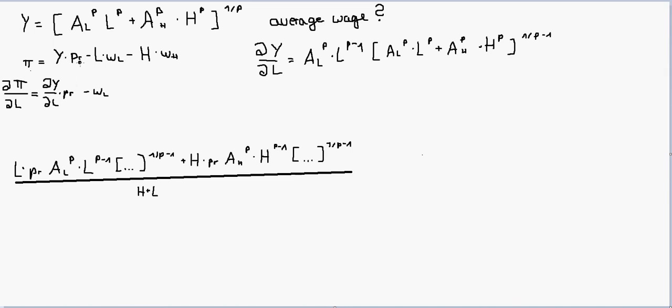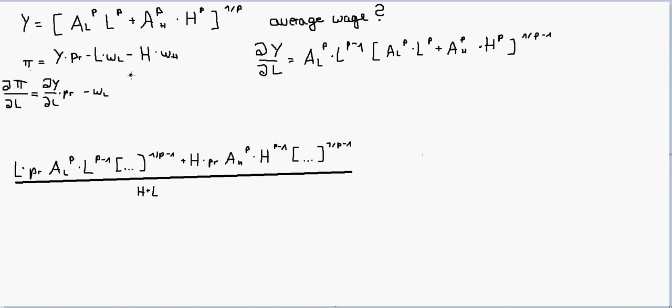I give this P a little index so that you're not confused with the P in the CES production function, which actually is not a P, but I think it's called Rho. It's a Greek letter, but it looks like a P. So every time you see this P_R, it's the price of the output.